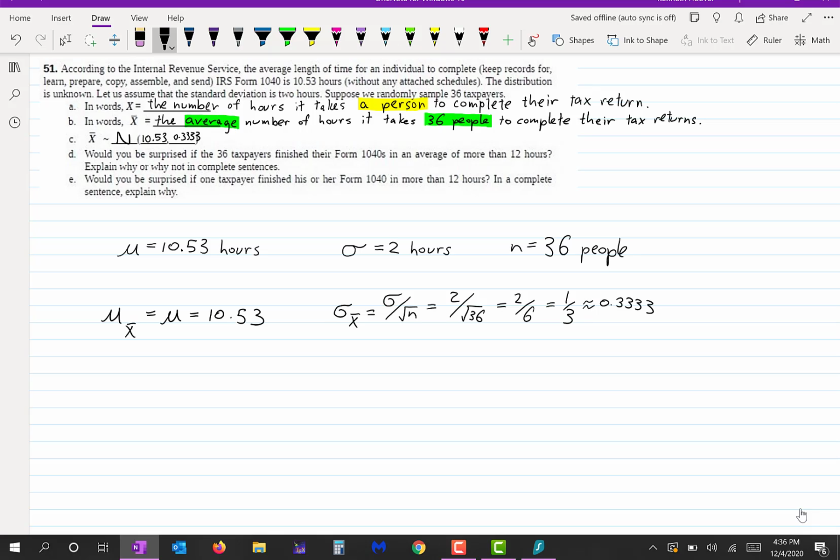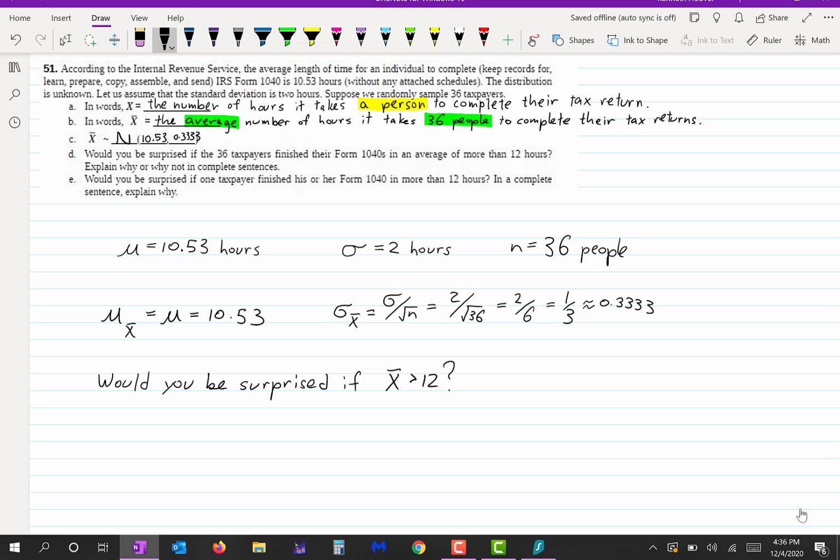I'm going to rephrase the question. The question says, would you be surprised if x bar came out to be bigger than 12? That's what they're asking.